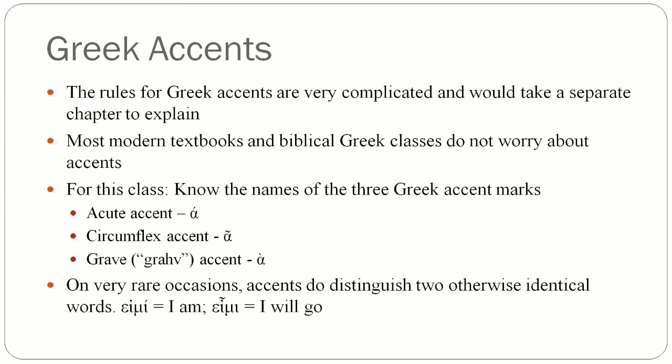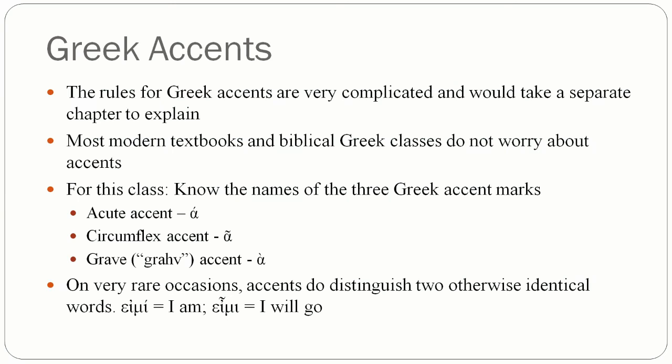If you have a circumflex accent over the diphthong, it would be pronounced "AY-mee," and it means I will go. So the accent on the second syllable is I am, and the accent on the first syllable is I will go. There are only a few of these.